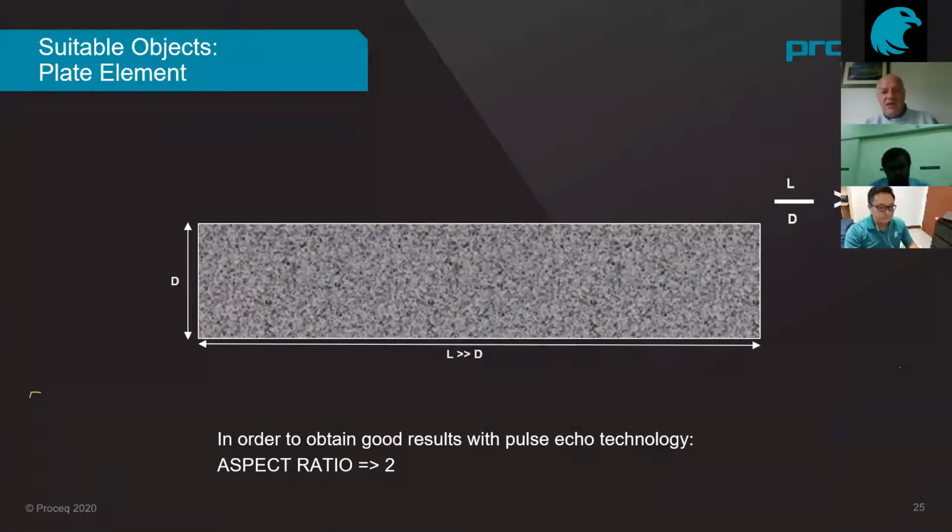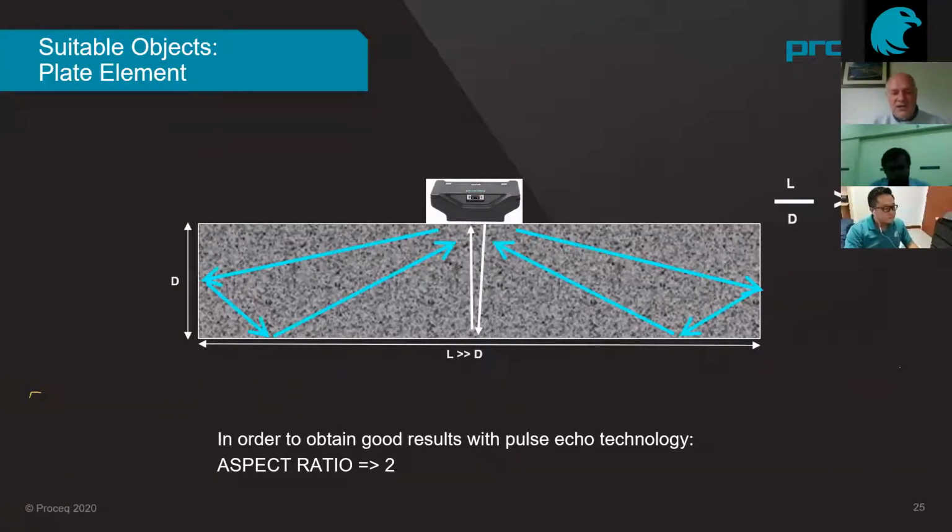The type of objects that it's typically used to work on are basically slabs, or plate elements they call them. It's similar to impact echo. Impact echo also defines this type of object. The reason being that when we send a signal out, we get a reflection from the back wall. But as I said, the signal spreads out everywhere. So you also get reflections from side walls.